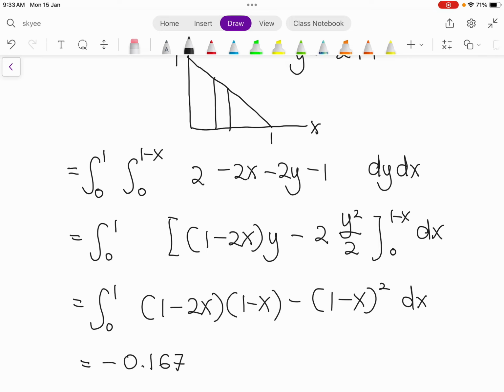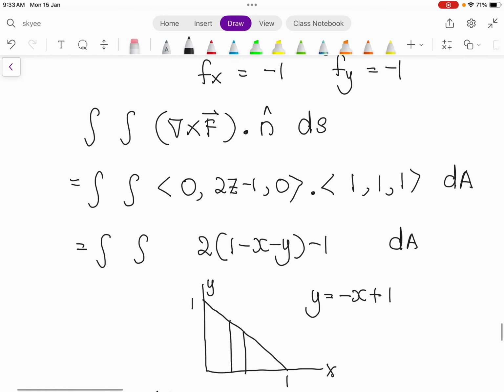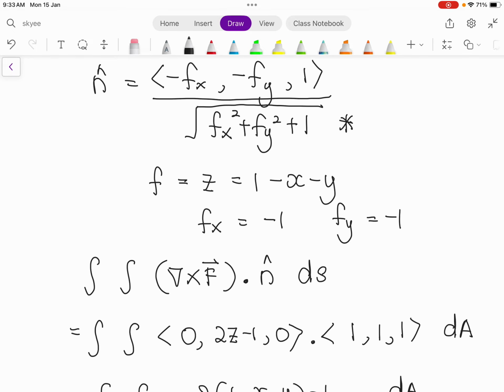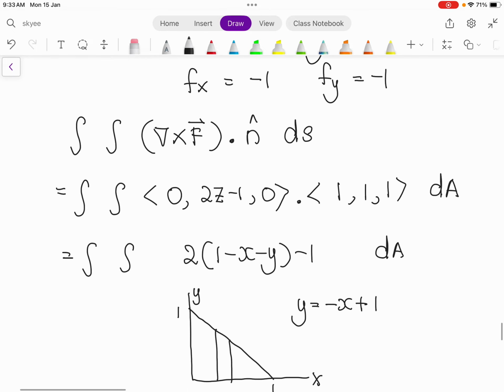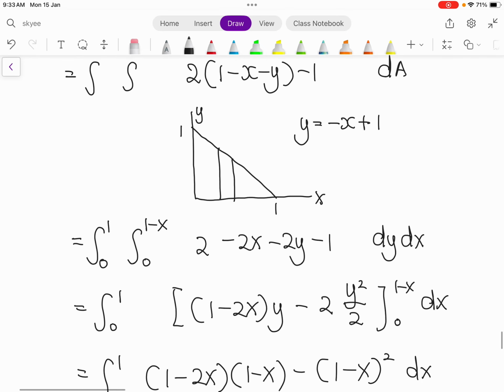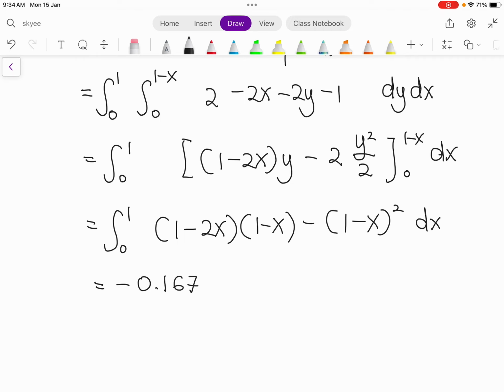So I get my answer as negative. If you could tell me where my mistake is, let me know so I can correct it. 2z minus 1, 2z minus 1, negative negative becomes 1, 1, 1, and this is correct. 1 minus 2x minus 2y minus 1, so 2 minus 1 is 1. 1 minus 2x, y, minus 1 minus x. 1 minus x is also correct.